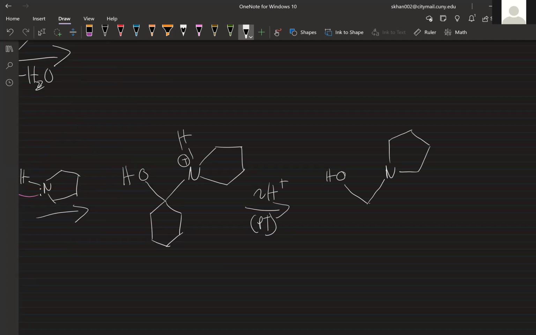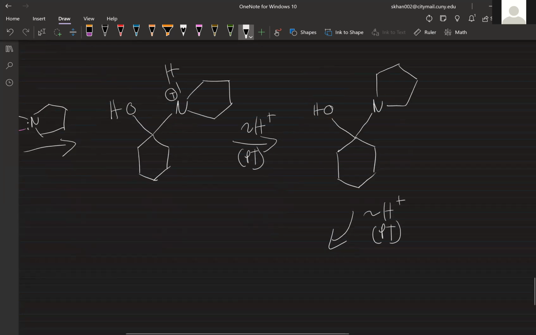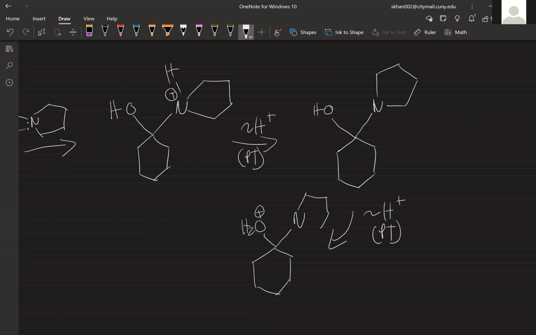Now another proton transfer. It's 5, right? 1, 2, 3, 4.